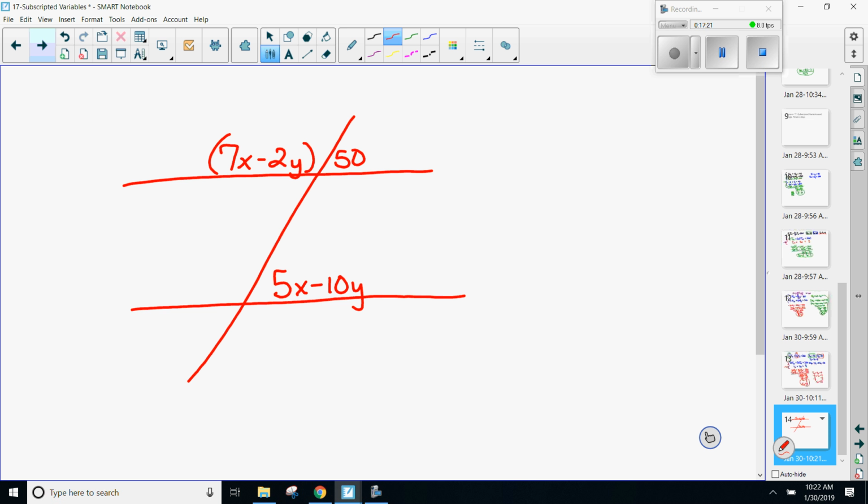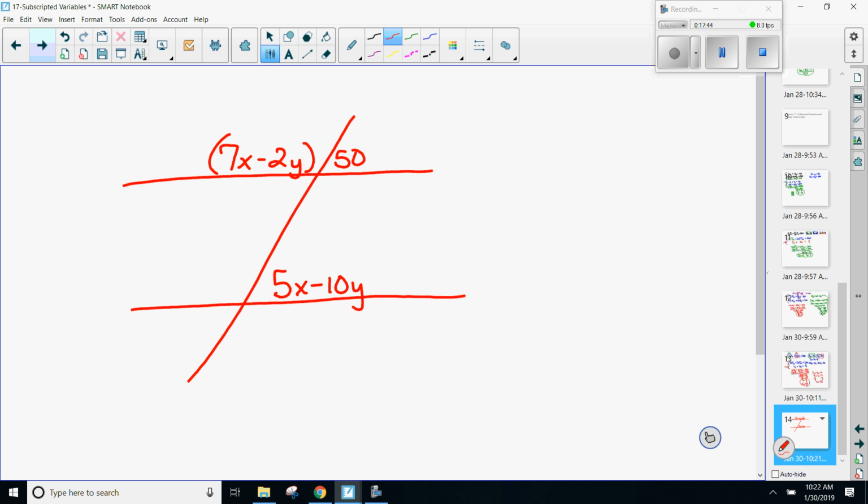Okay, this right here. What if I ask you to solve? What is x? What is y? Here's the thing. How many variables do you have? Variables. 2, x and y, right?